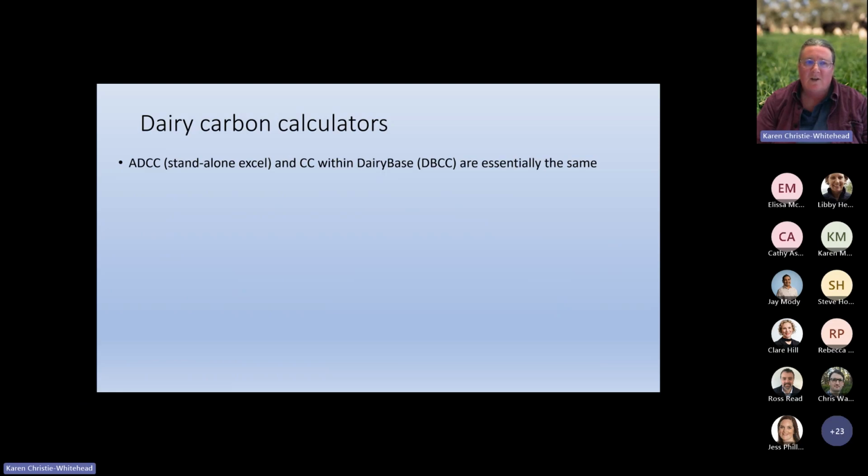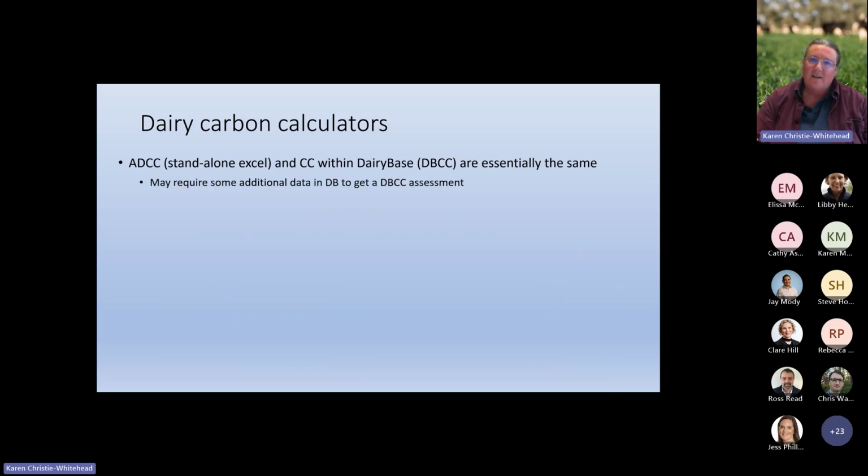What I'll be showing in a few minutes' time is the Australian Dairy Carbon Calculator. It's a standalone Excel calculator that can be downloaded from the Dairy Australia website. But we also have a carbon calculator embedded within Dairybase, and they're essentially the same. All the equations are exactly the same, and how we handle the data is exactly the same.